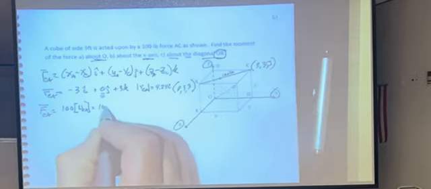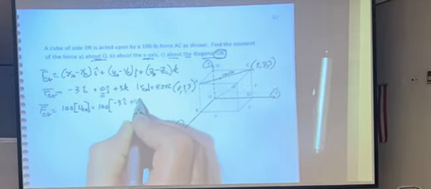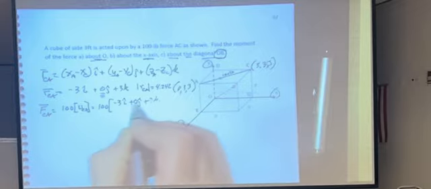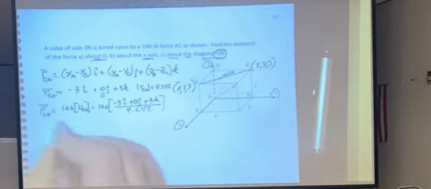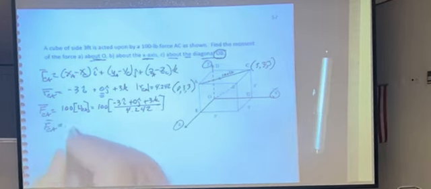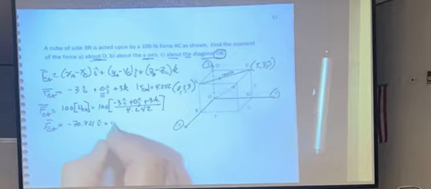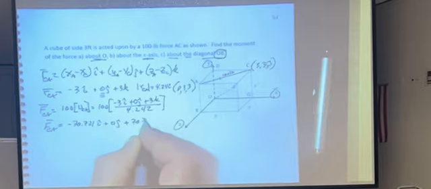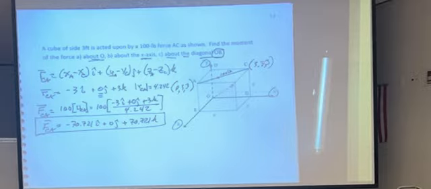That's going to be 100 times minus 3i plus 0j plus 3k. Divide this by 4.242. Boom. FCA vector is minus 70.721i plus 0j plus 70.721k. Bingo. Chapter 2 complete. I have my force in terms of IJK.